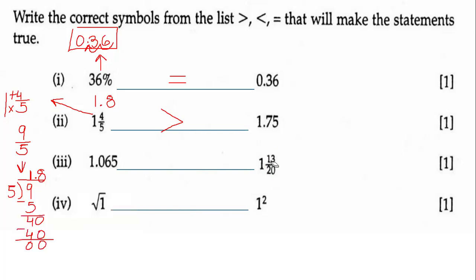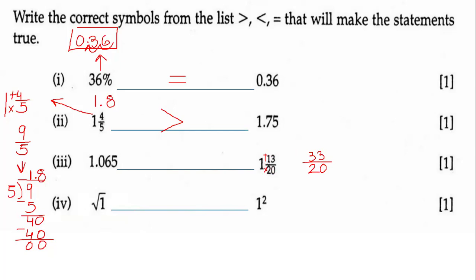We have 1 and 13 over 20. Multiply, then add. 1 times 20 is what? 20, plus 13. 33. So it's going to be 33 over what? 20. Very good.